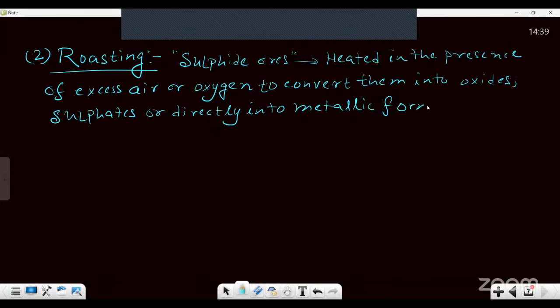So the objective is to convert the sulfides into oxides. That is the main purpose.